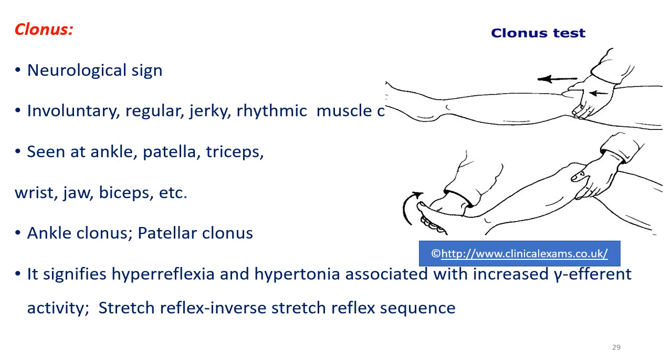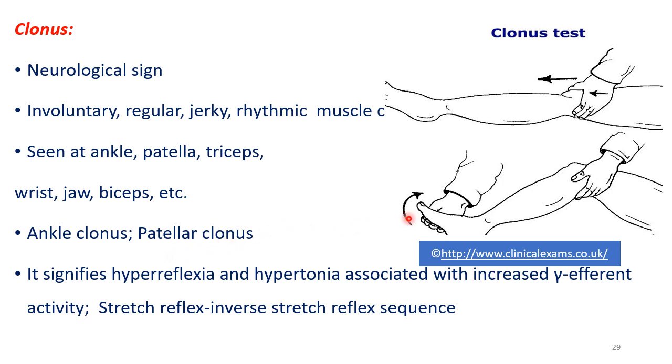Clonus can be seen at the ankle, the patella, the triceps muscle, the wrist, the jaw, the biceps, etc. In these muscles there is associated hyperreflexia and hypertonia, and most of the time the Babinski is also positive. Most of the time you elicit the ankle clonus and patellar clonus to confirm it.